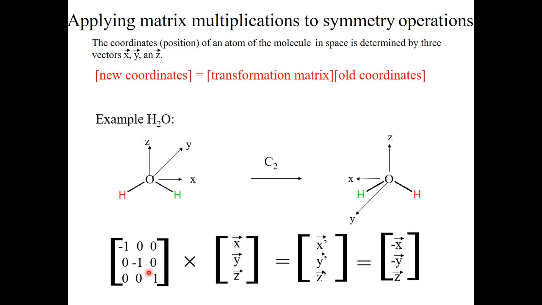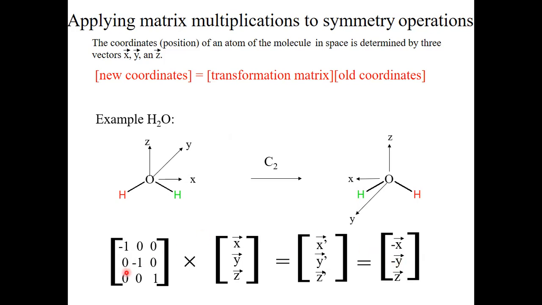So now we would need to multiply the second row with the first column. Well, what would that give? That would give 0 times x plus minus 1 times y plus 0 times z. So 0 times x gives 0, 0 times z gives 0, but minus 1 times y gives minus y. This is exactly what we need.